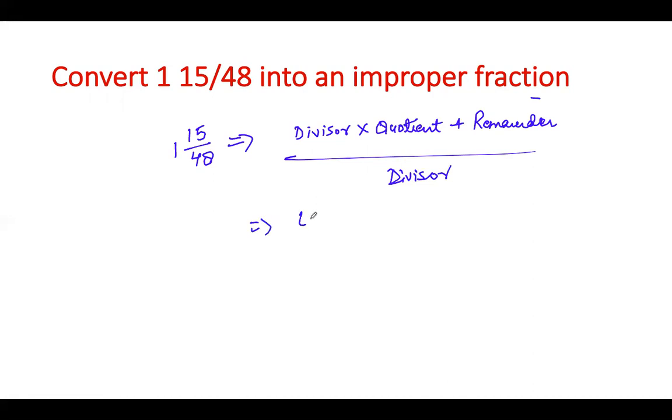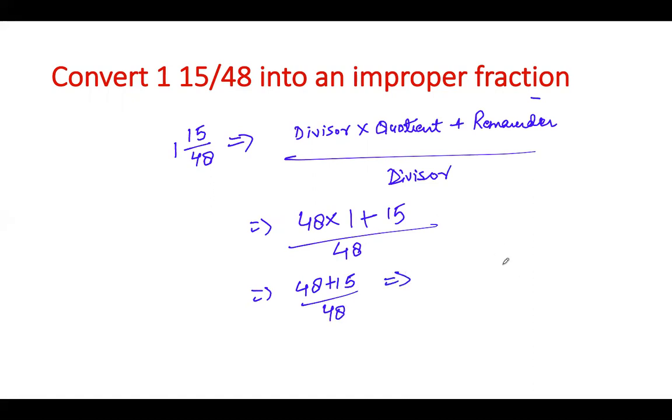So 48 multiplied by 1, add 15, and the divisor remains the same. So 48 add 15 over 48. What do we get? We get 63 over 48.